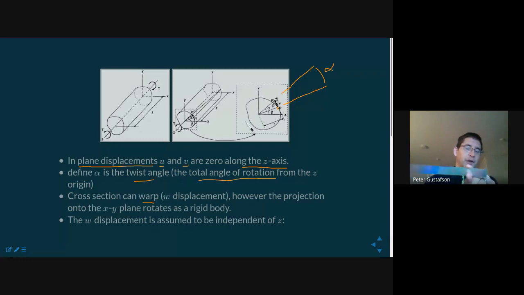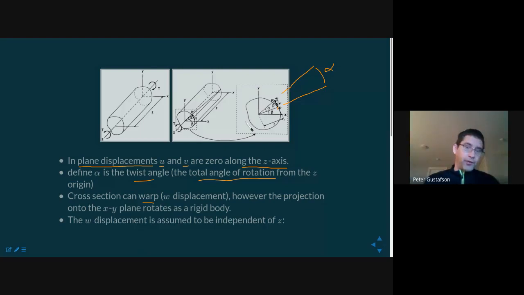If you could exaggerate the z direction displacement, you would see some warping in this rectangular cross section. However, you actually don't see warping in all cross sections. A perfectly circular cross section or a pipe like this, if it didn't have this slit, it would twist without warping.